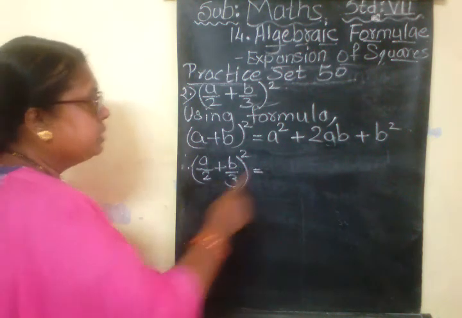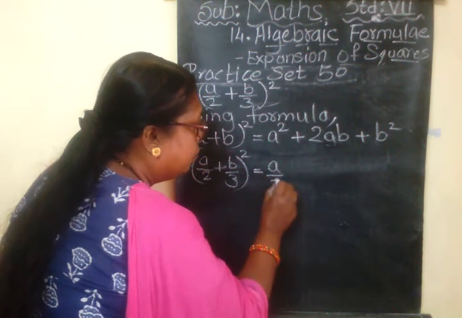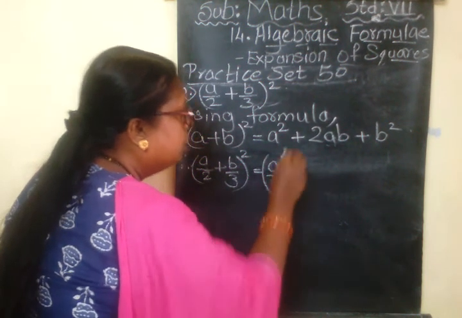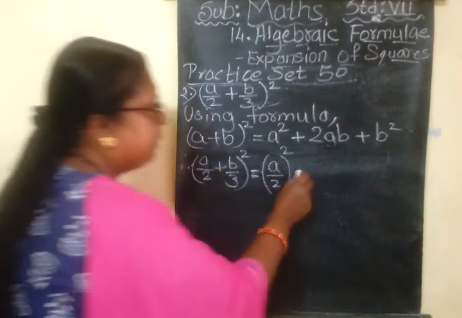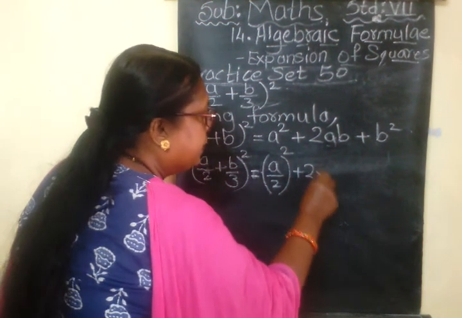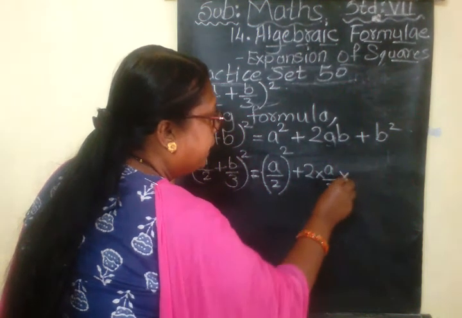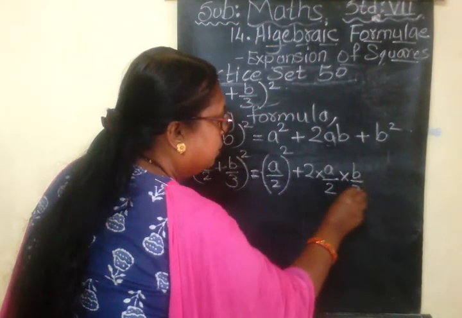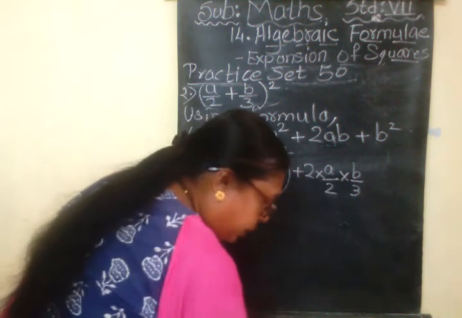Now as per this, a square means a upon 2, so I will write a upon 2 the whole square. Got it, children? Plus 2 multiplied by a upon 2 multiplied by b upon 3, because b is b upon 3.